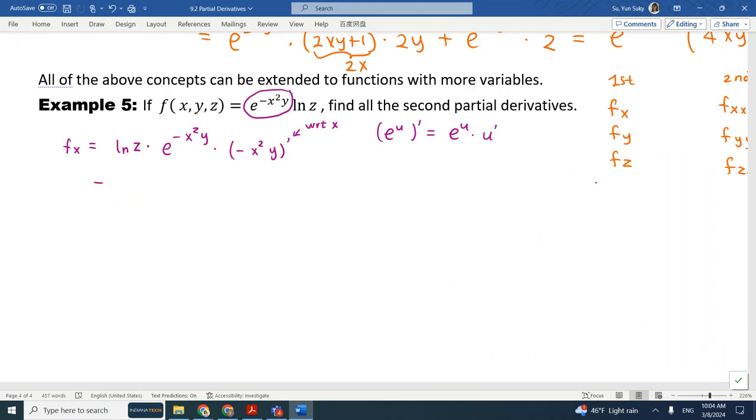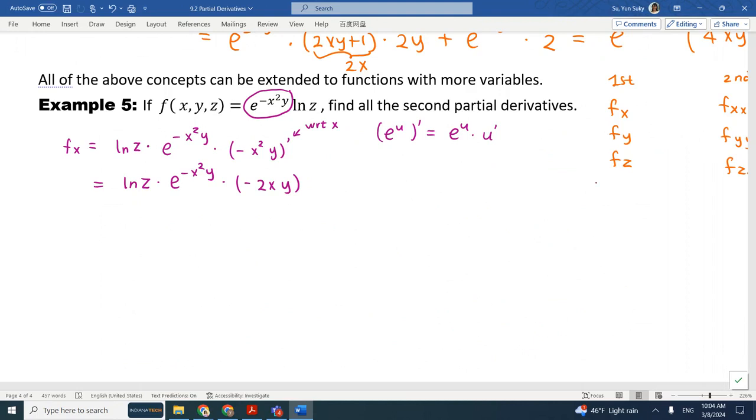Okay, now we continue and copy them. What is the derivative of negative x squared y? Yeah, very good. The y is just like a number. So negative 2xy. Is that okay, everybody? All right. So this is partial f, partial x.